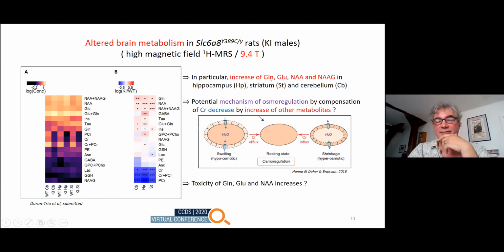And especially for glutamine, we wonder whether this could be a mechanism of osmoregulation to counteract the creatine decrease in the brain of this rat, to maintain a kind of osmotic pressure homeostasis.